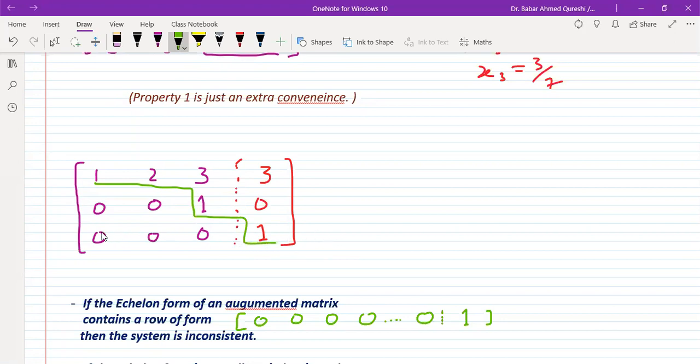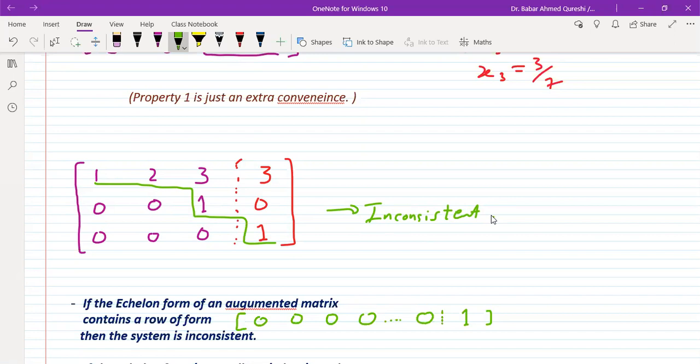But what is the last equation saying? The last equation is saying 0 is equal to 1. So it's inconsistent. Now I made it inconsistent. Now you know what's going to happen. Whenever you are given the augmented matrix, you're going to try to make it echelon.